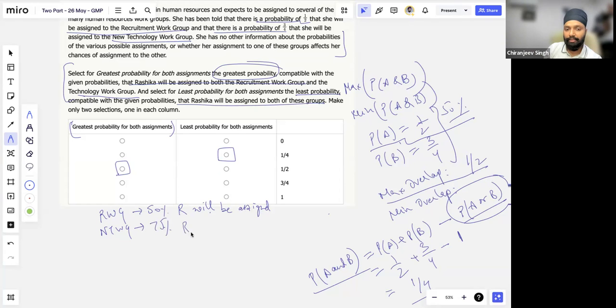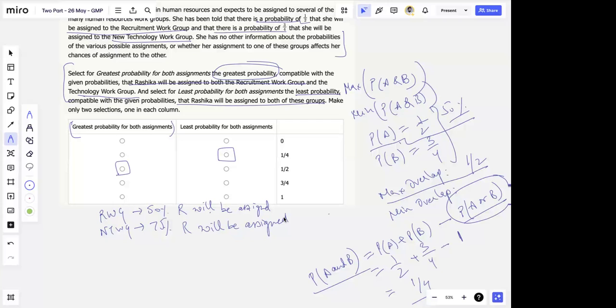And in this case, out of all the situations in the world, there are 75% situations where she'll be assigned to NTWG. So far, are you with me? Yes, no?